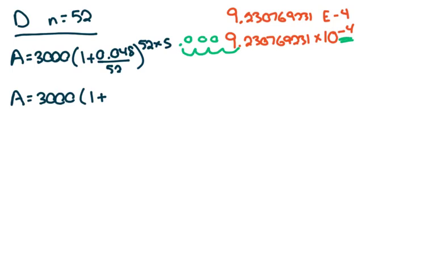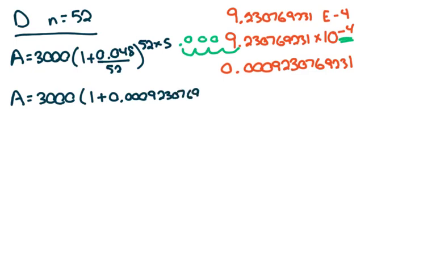So this number as a standard number would be 0.0009230769231. And that is what 0.048 divided by 52 is. Just a hiccup that comes up when we have a lot of compounding periods per year. This does make the decimal work out in scientific notation. Just know you will need to deal with it, and this is how.